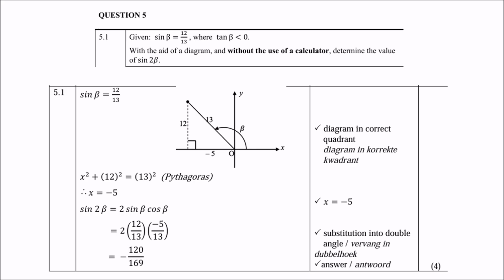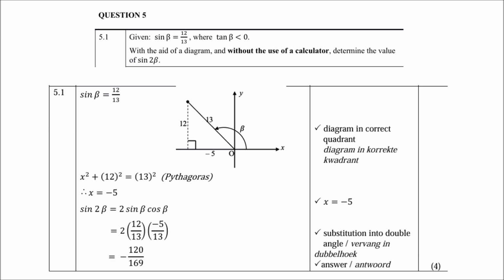So let's decide where we are going to place our diagram. So first of all, where is sine positive? First and second quadrant. Where is tan negative? Second and fourth. So where do we have the two that coincide? It is in the second quadrant. Why do I choose the second quadrant?